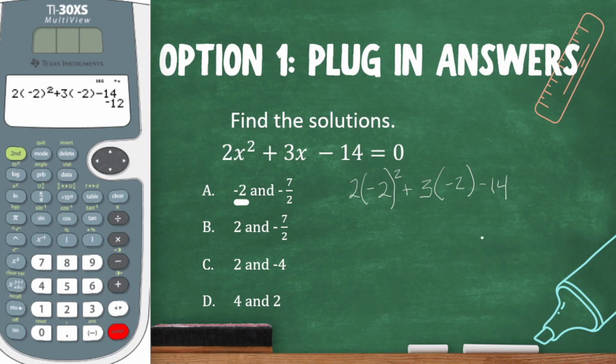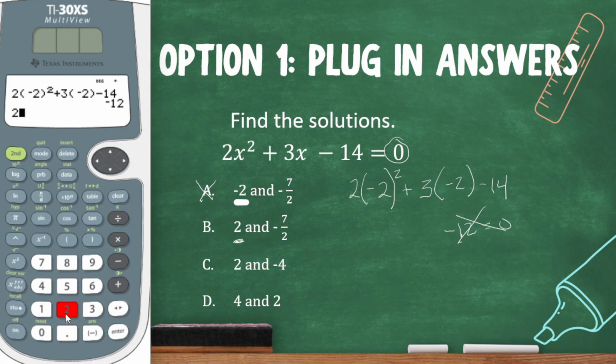So in essence, that would be saying that -12 is equal to 0, because that whole thing is equal to 0. That's not true. So A cannot be our answer. Let's go down and try 2 in B and see what that gives us.